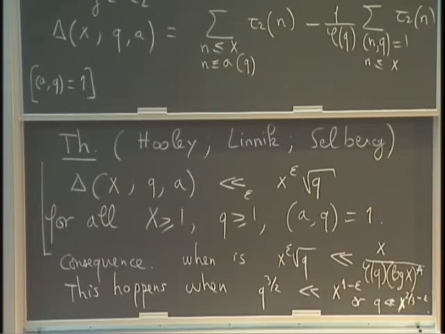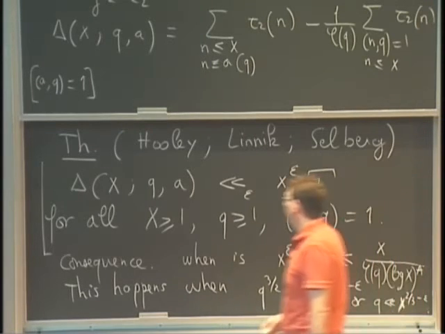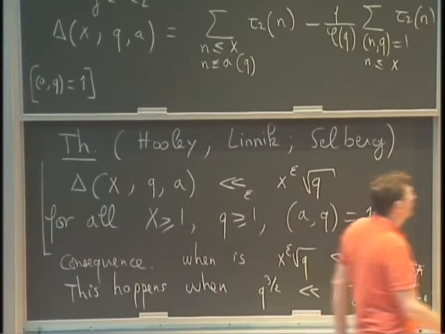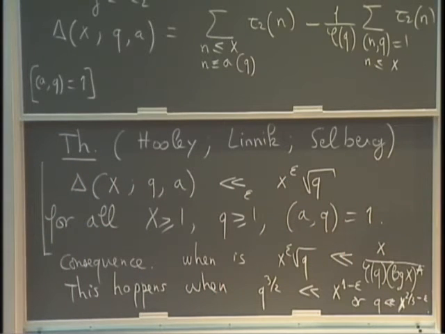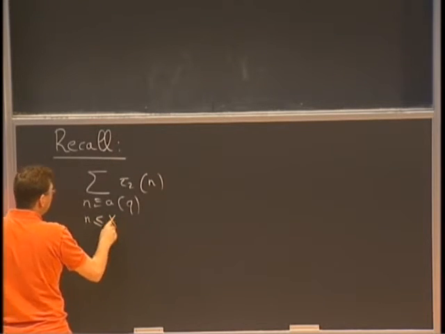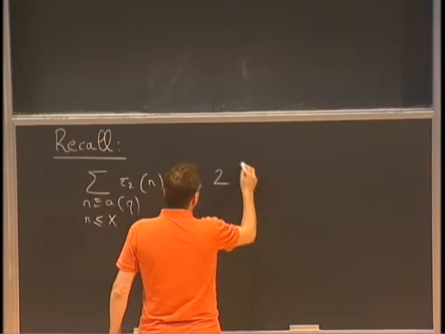Okay, so let's see how the proof goes. I'll first recall very briefly how we sketched the fact that the exponent of distribution could be taken to be 1/2 for this ordinary divisor function. So it was this very simple-minded application directly of the definition and the Dirichlet hyperbola trick.